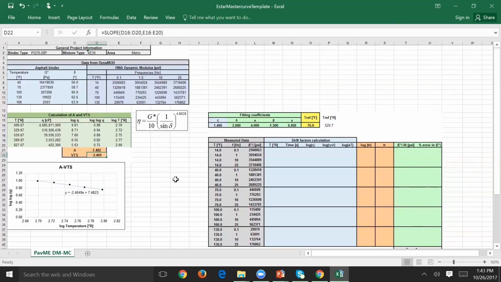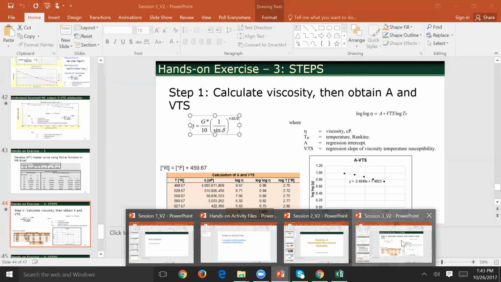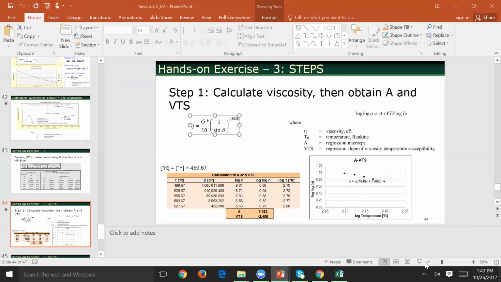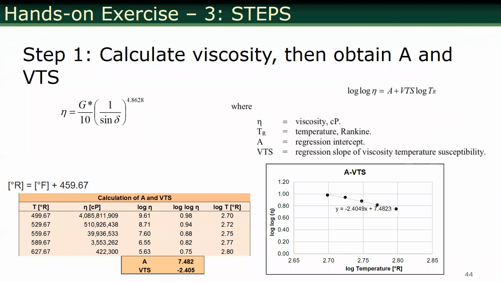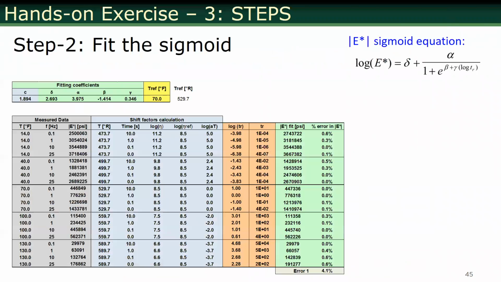Now, so we have this. Now let's go to the next step. What is the next step? So next step is to develop this Excel sheet right here. This is what we will try to develop, and we will try to fit this.